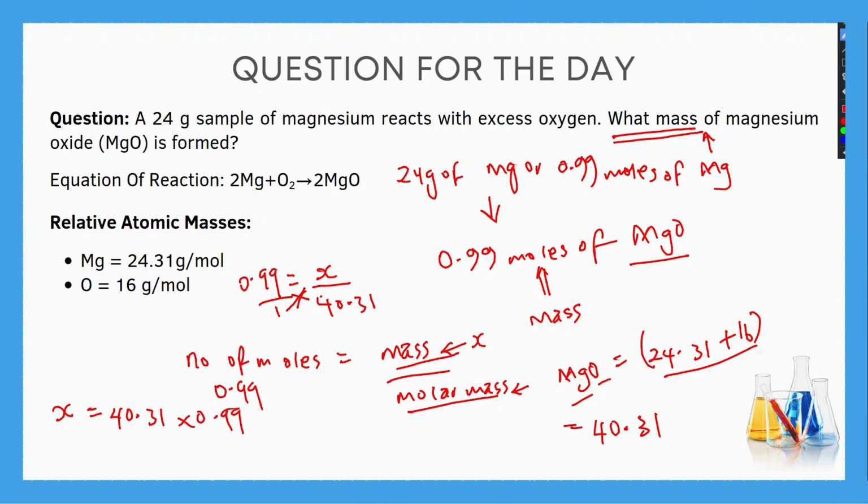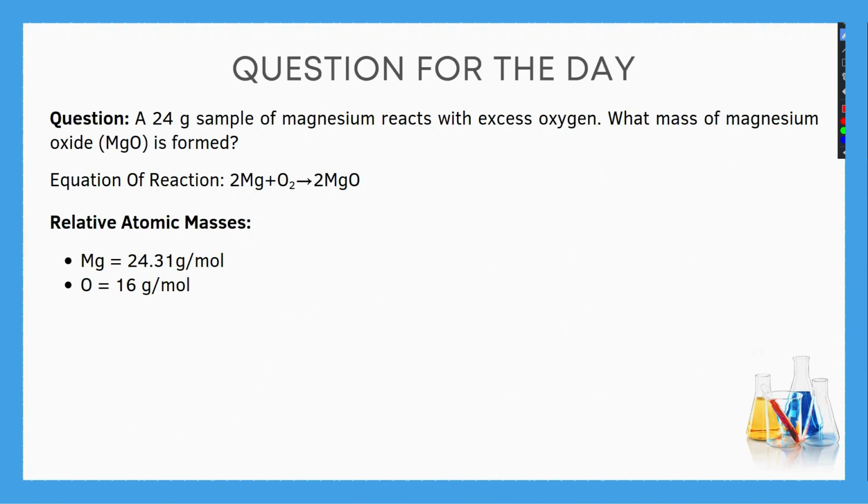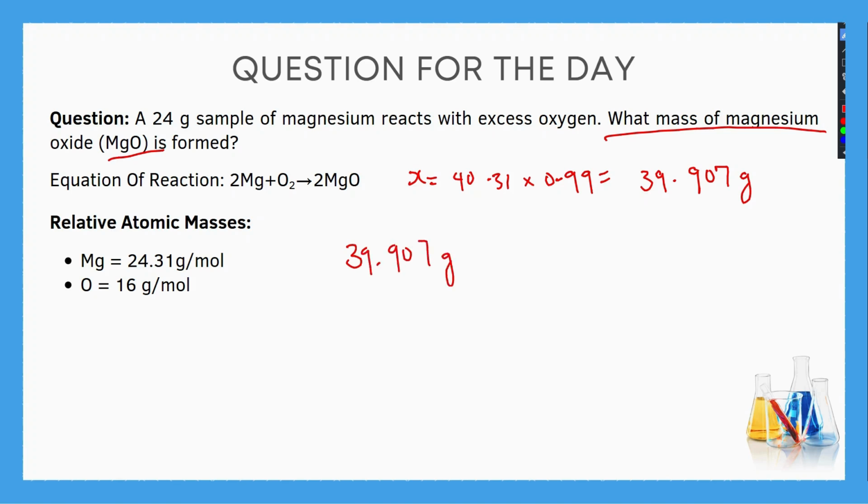So if we do the math, X is equal to 40.31 times 0.99. That gives us 39.907 grams. So in answering that question, they said what mass of magnesium oxide, MgO, is formed. So 39.907 grams of magnesium oxide is formed.